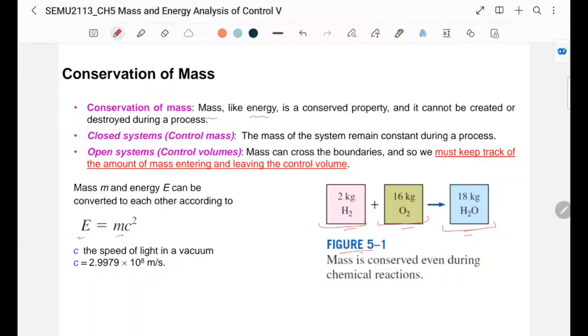It's as simple as that. Otherwise, where would the mass have gone? And in the closed system, as we said earlier, or we call it the control mass system, the mass in the system remains constant throughout the process. But for an open system, only the volume is controlled, only the volume is constant. Mass is not, because mass can come in and out. So we must always keep track of the amount of mass entering and leaving the volume.